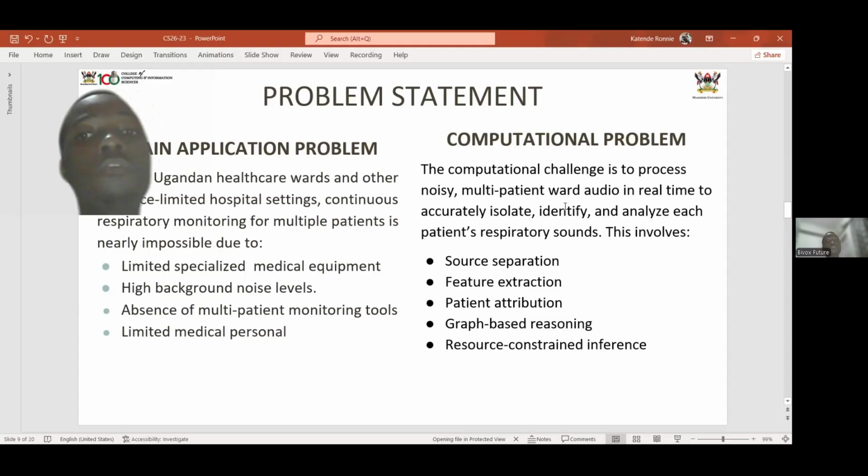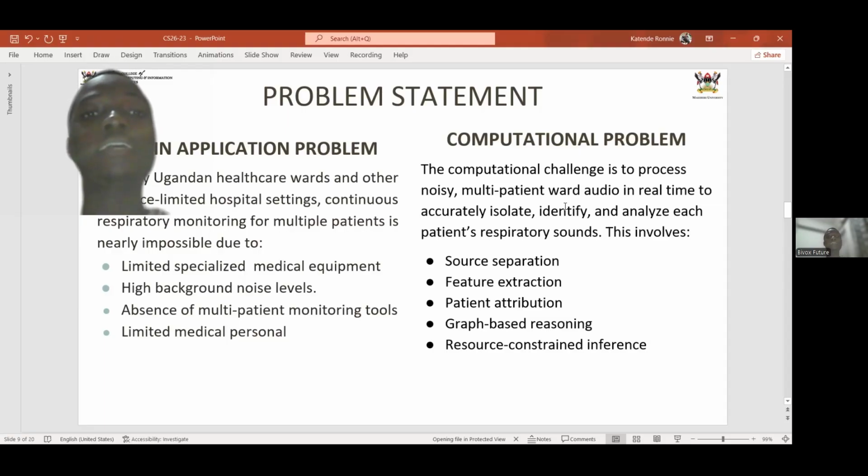Then we have the computational problems. Source separation, like separating overlapping acoustic signals from multiple patients and background noise. We have feature extraction, in terms of computing respiratory biomarkers and rhythms from complex audio streams.